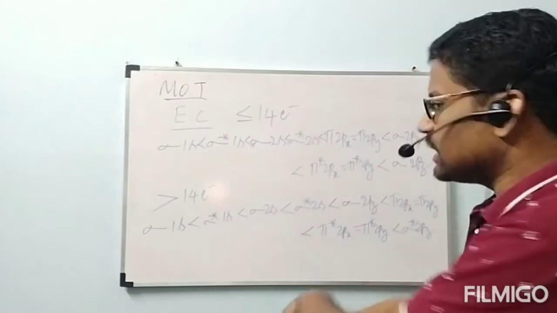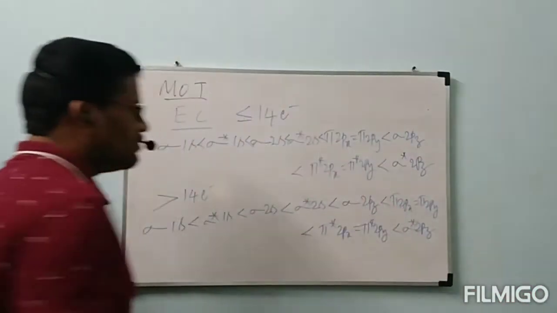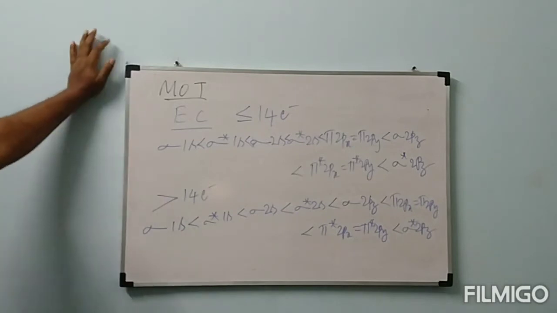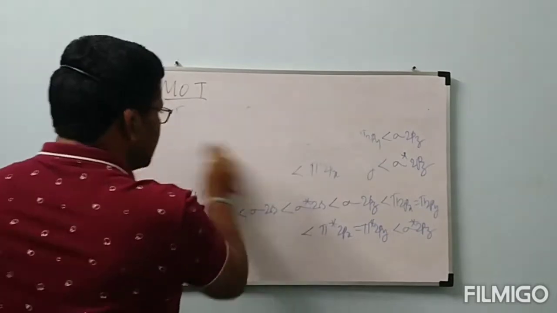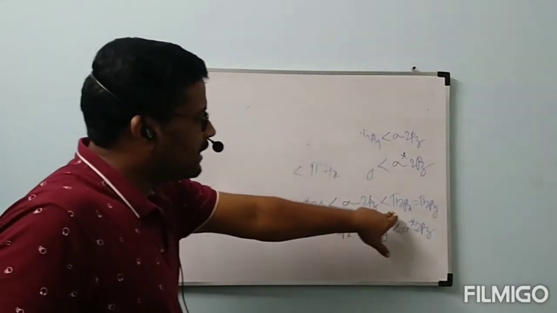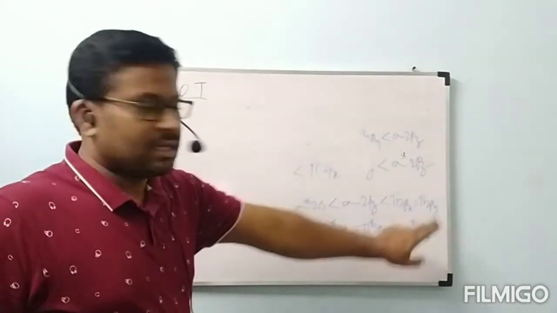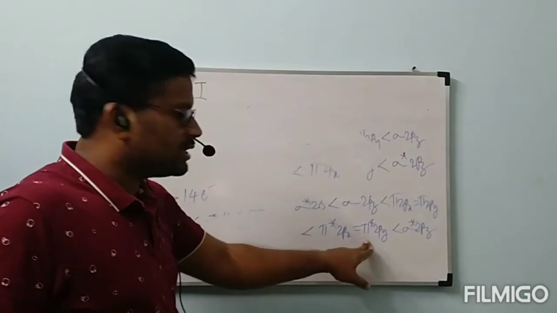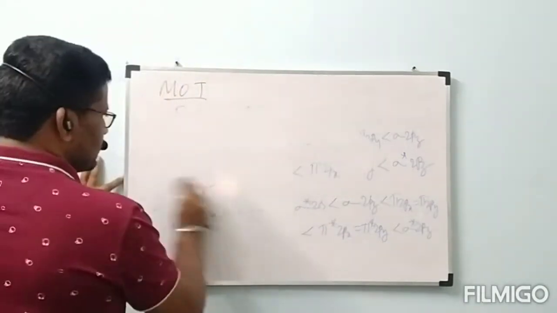So first note down this electronic configuration for species which contain less than or equal to 14 electrons as well as greater than 14 electrons. Next, in this configuration, sigma and pi are representations of bonding molecular orbitals. Sigma star and pi star are nothing but anti-bonding molecular orbitals.